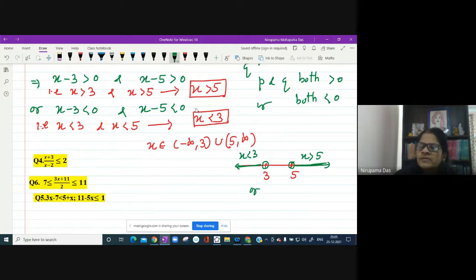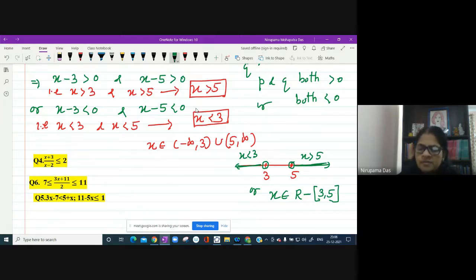Or what else? Or write x belongs to the real numbers, set difference, what? [3, 5]. Here you see, we are not including 5 in the solution, so in the difference it can be included. Similar case will be with 3 also. So be very, very careful here, because you cannot exclude 3 and 5 in both the cases.